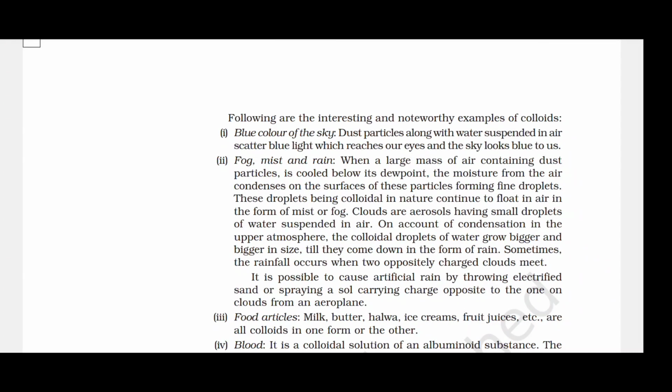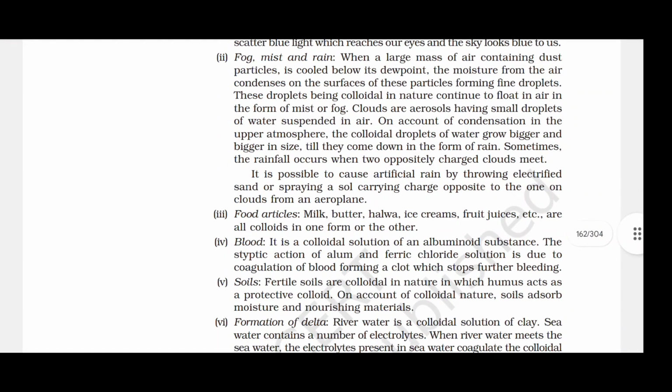On account of condensation in the upper atmosphere, the colloidal droplets of water grow bigger and bigger in size till they come down in the form of rain. Sometimes the rainfall occurs when two oppositely charged clouds meet. It is possible to cause artificial rain by throwing electrified sand or spraying a sol carrying charge opposite to the one on the clouds from an aeroplane.